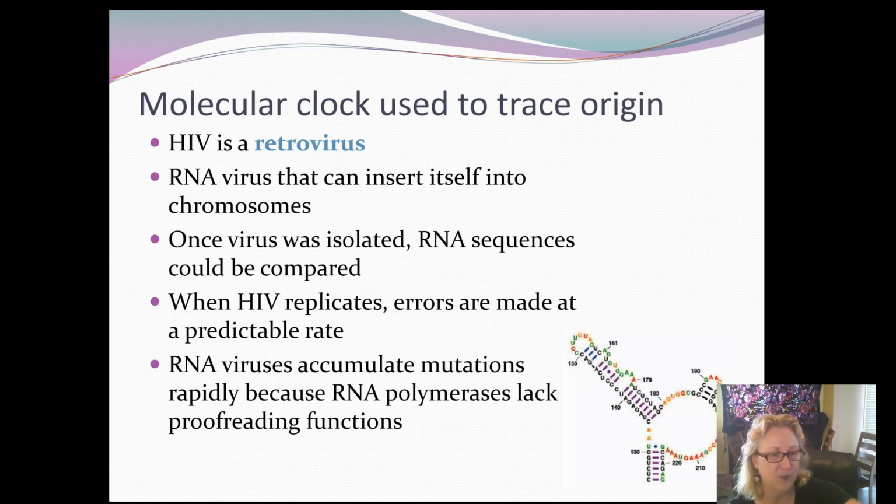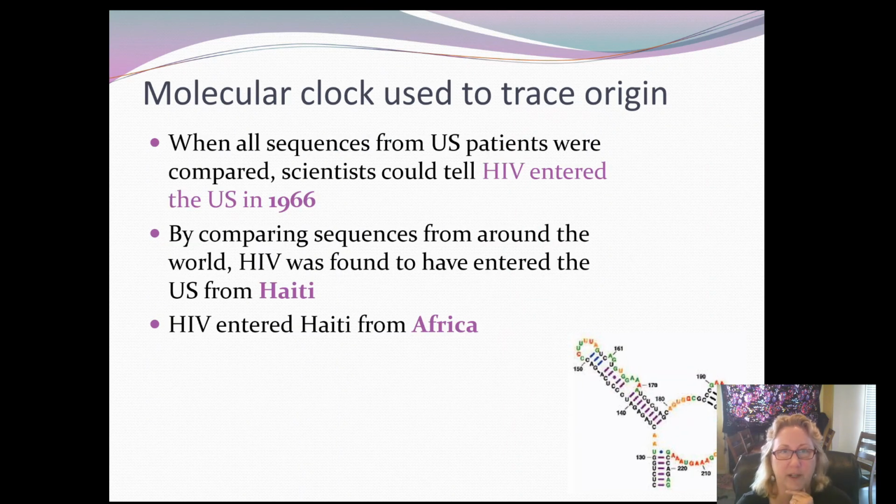So errors are made in every single person. Once that person transmits it to another person, there's going to have been mutations already. Every time the virus replicates, there's a chance for errors. So when they compared all of the patients in the US and sequenced their viruses, figured out the sequence of the RNA genomes, and created a little family tree and asked, when did all of these viruses unite in a single virus?